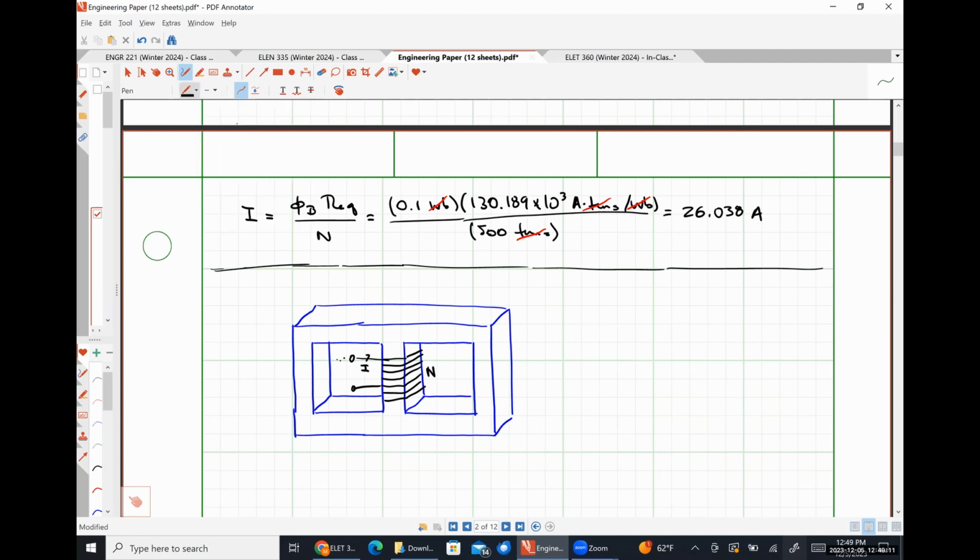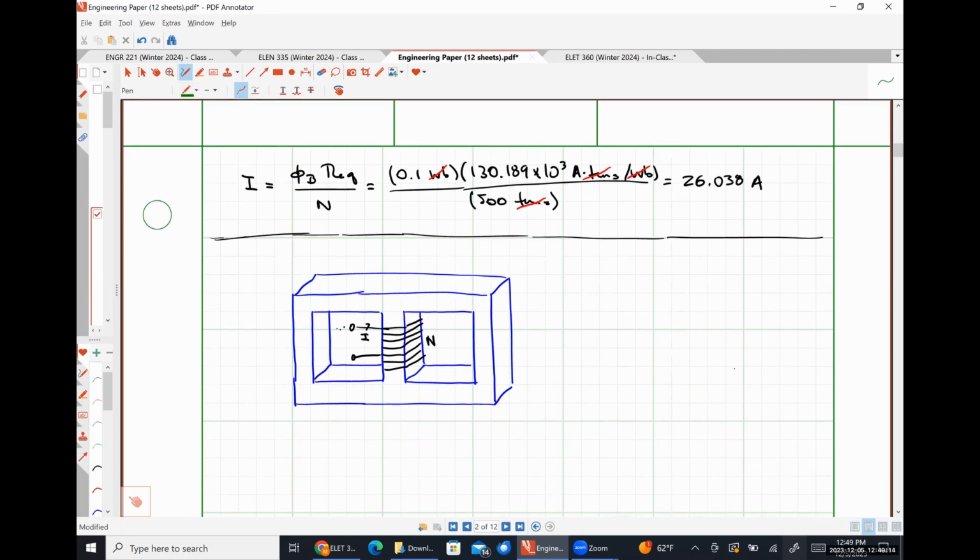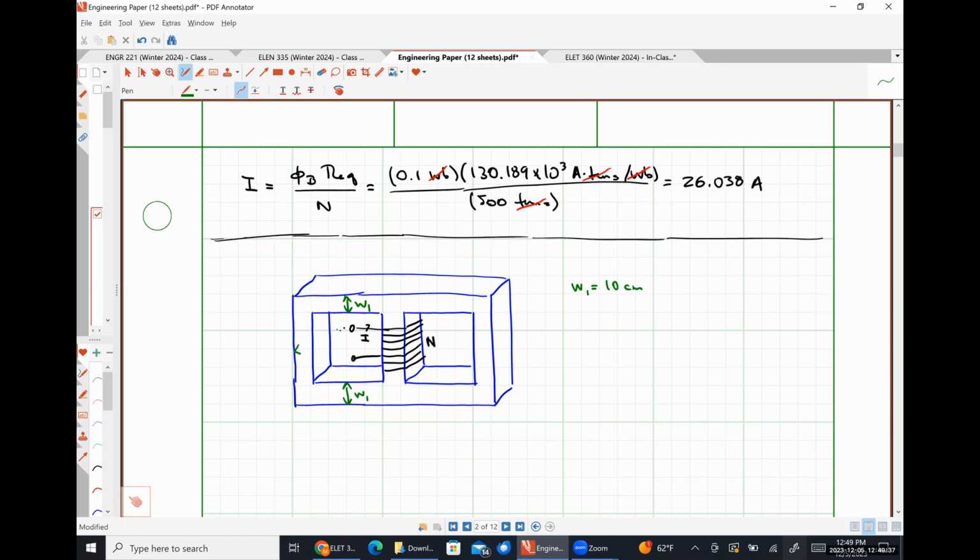Our dimensions of interest. We're going to call this distance right here W1. It is 10 centimeters. This top path also has a width of 10 centimeters. This distance is going to be W2, and it is going to be 8 centimeters.